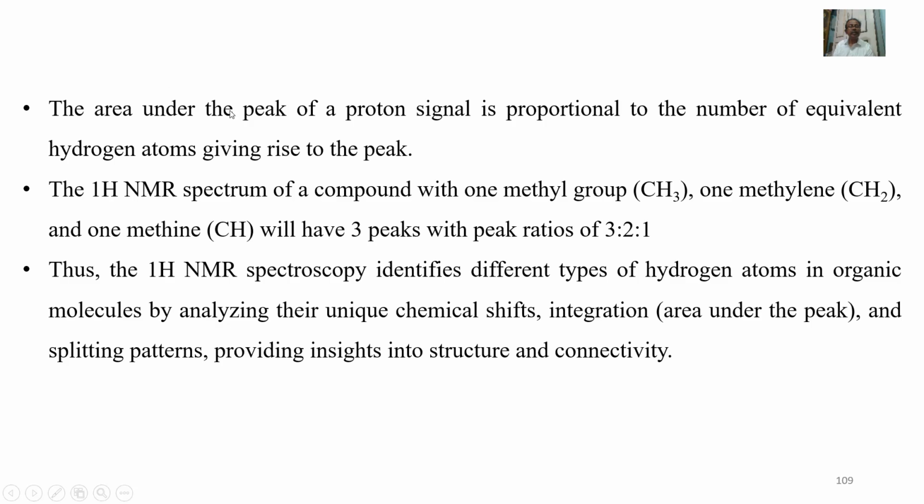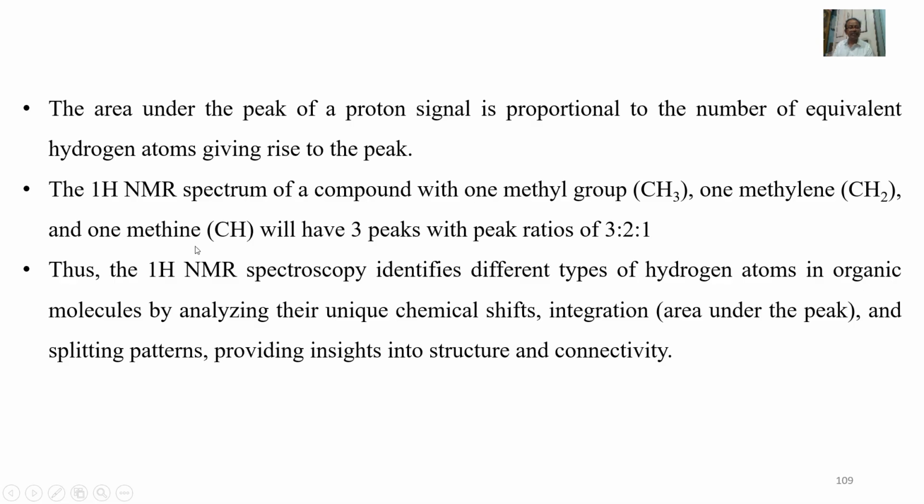The area under the peak of a proton signal is proportional to the number of equivalent hydrogen atoms giving rise to the peak. The proton NMR spectrum of a compound with one methyl group, one methylene, and one methine will have three peaks with the peak ratios of 3:2:1.